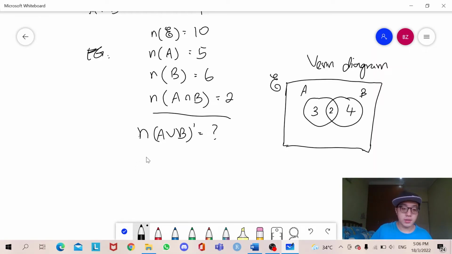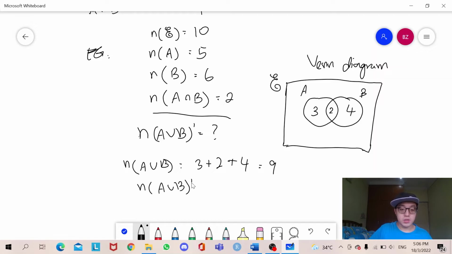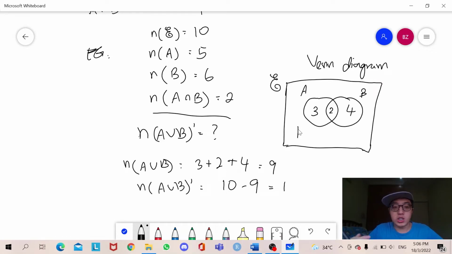If we calculate, A union B is equal to 3 plus 2 plus 4, which equals 9. Then the number of elements of A union B prime is equal to 10 minus 9, which is 1, which means outside here is 1. So this is a very basic example of a sets question.